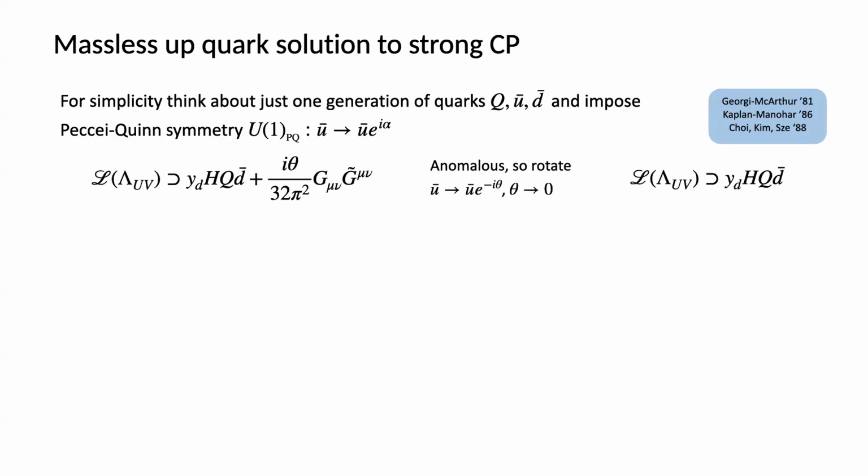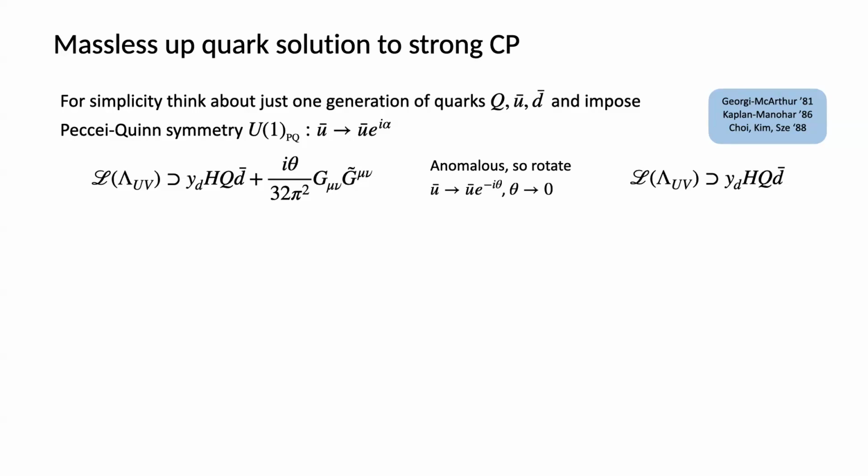You can make that a bit more explicit by using this anomalous symmetry, doing a field redefinition of the right-handed up quarks that, because it's an anomalous symmetry, shifts the theta angle, so you can use that to set the theta angle to 0, and just manifestly say, look, in the UV, all you have is this down quark Yukawa. There's no possible CP violation.